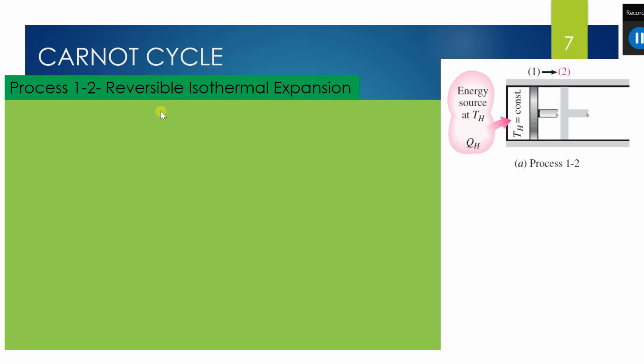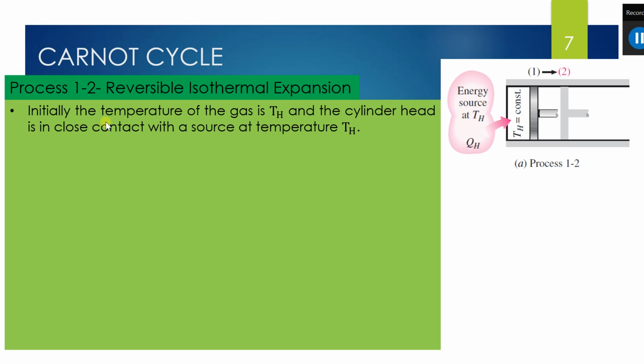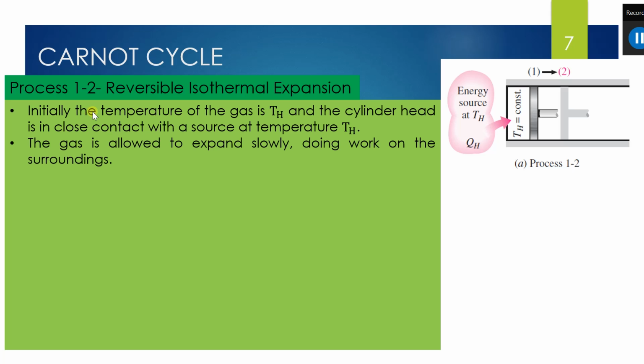At the start of the reversible isothermal expansion process, the initial temperature of the gas is TH and the cylinder head is in close contact with the source at temperature TH. At this moment heat cannot flow into the system. Next, the gas is allowed to expand.